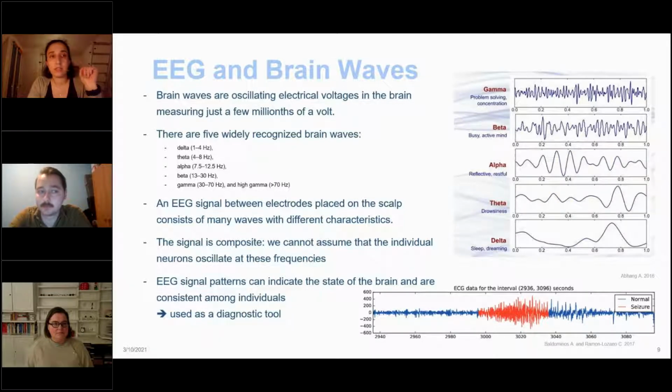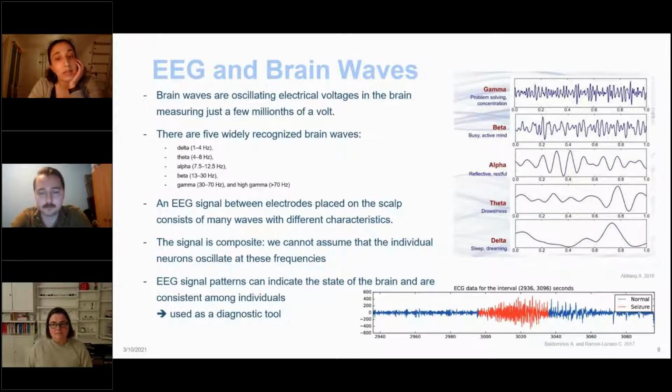Another thing that is not directly related to brain waves is that EEG signal patterns are quite consistent among individuals, although there are individual differences. This consistency is used to indicate the state of the brain, and it is used as a diagnostic tool for physicians.